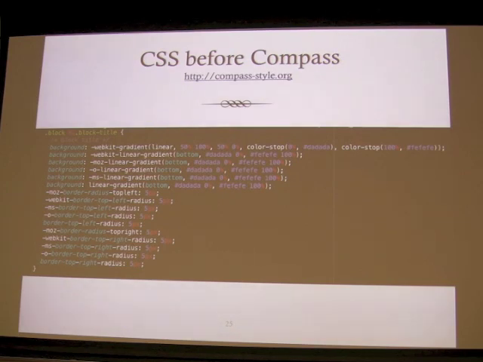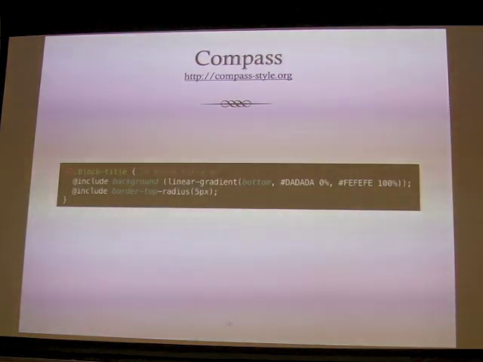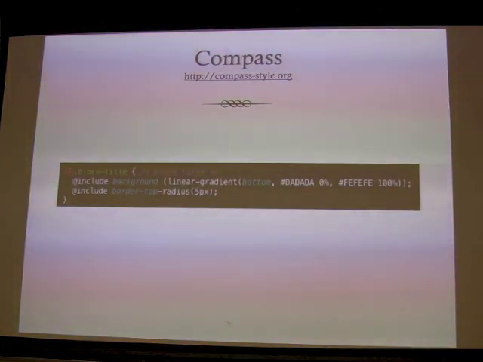Once I'm using Compass, I can replace all of that with just this. So I have two lines, one that says @include background, and that uses the Compass mixin for background, and then I do @include border, and in this case I want to round my top radiuses, so I say border-top-radius, and then I specify 5 pixels, and it spits out that previous CSS, and I don't even care because I've already forgotten how to do that in CSS.